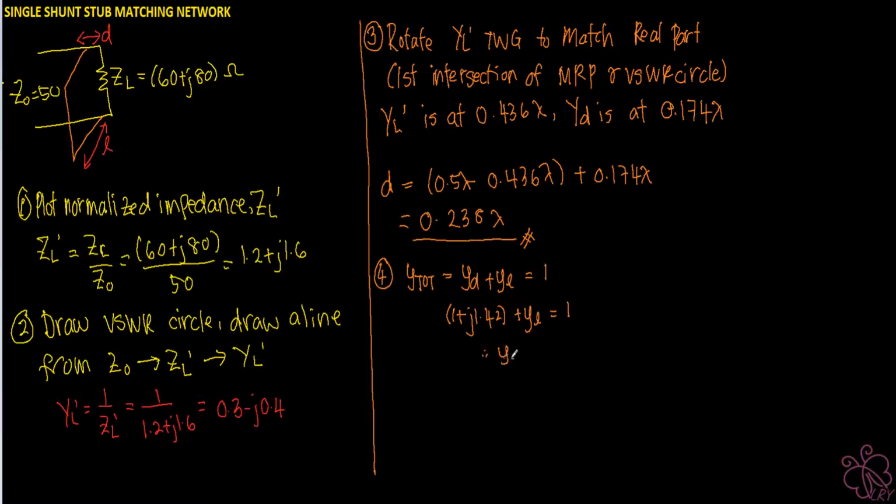So YL equals 1 minus (1 plus j 1.42), which leaves us with 0 minus j 1.42. So we must plot YL, which is 0 minus j 1.42.